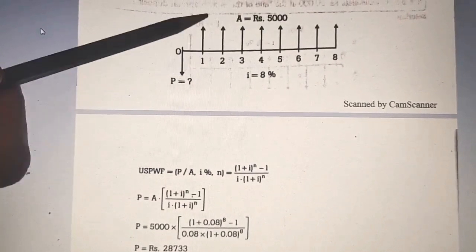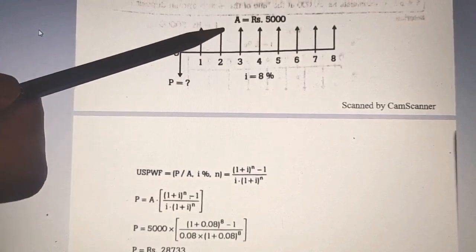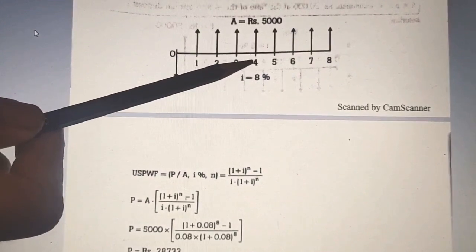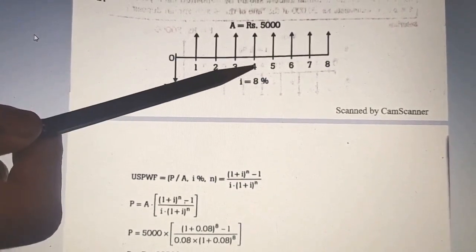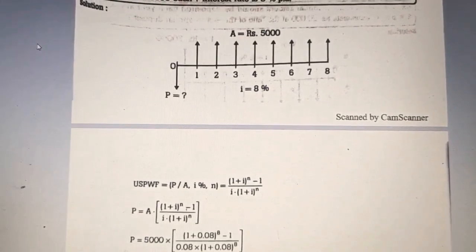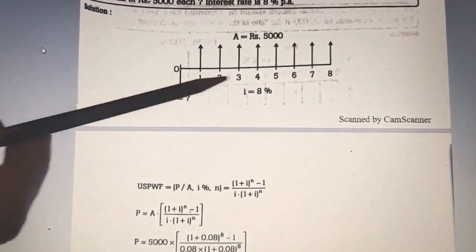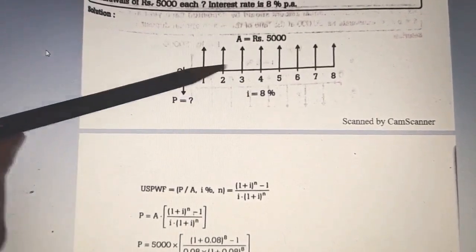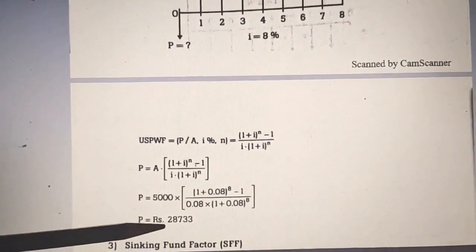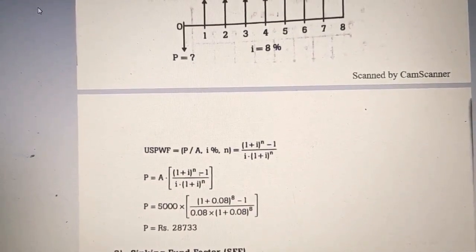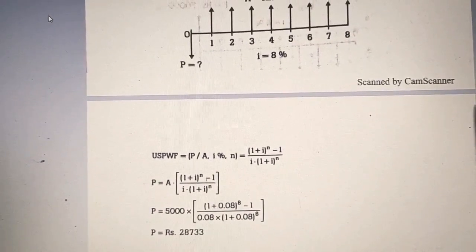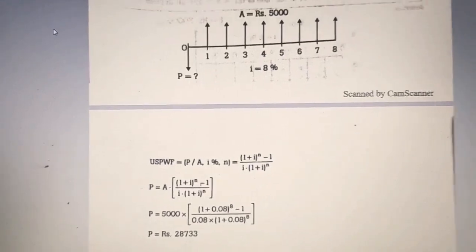First year I get my first income, second year my second income, third year my third income, fourth year my fourth income, and in all these 8 years the income will be fixed, that is 5,000 rupees. But to have this 5,000 rupees as income for all these successive 8 years, the investment should be equal to 28,733 rupees. I hope I made all the things very clear in this numerical problem.